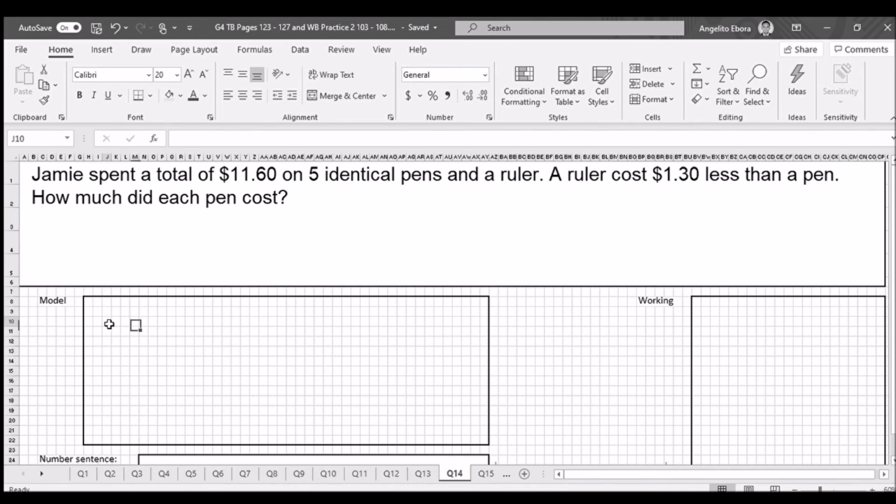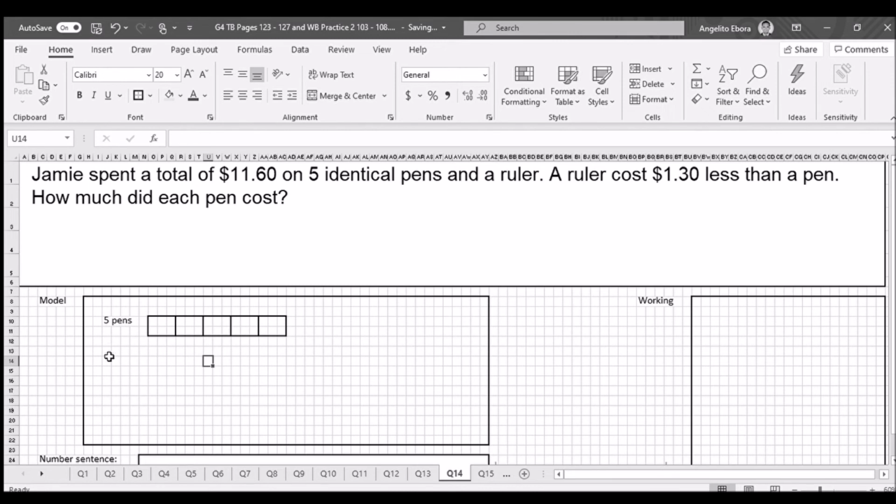So we have 5 pens. Let's draw. This one is the 5 pens: 1, 2, 3, 4, 5. There are 5 pens.